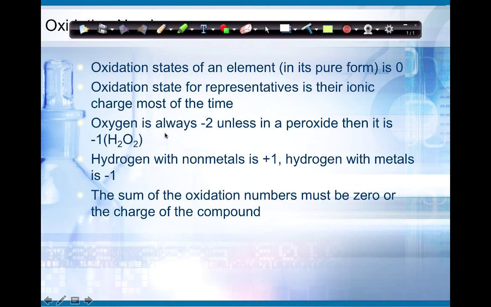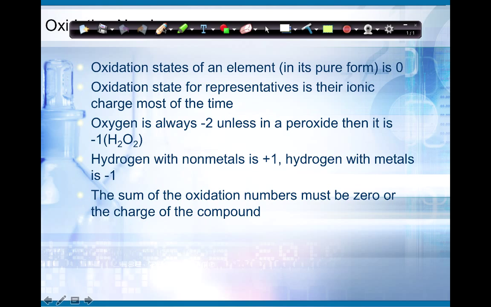If it's got a charge on it, like if it's Cl-, it's just going to be equal to its charge. Oxygen is always -2 unless it's in a peroxide like H2O2, then it's actually -1, but usually it'll be -2. And then hydrogen, when it's with a nonmetal, is +1, which is what you see the majority of the time. But when it's with a metal, it's actually -1.